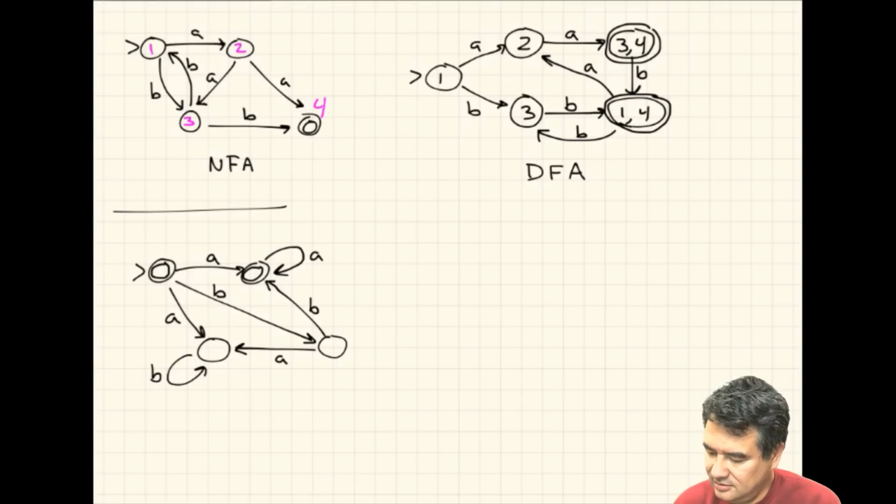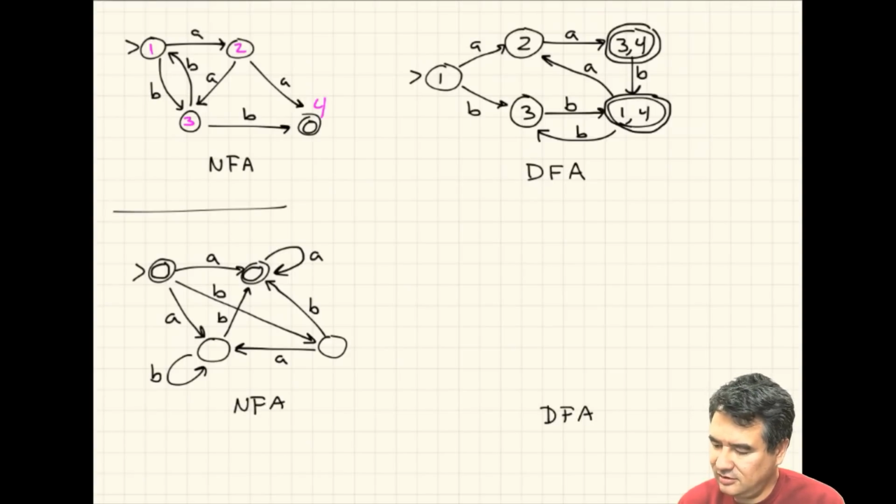Heck, I'll put in a B right there. There. All right. So we want to convert this to a DFA. We're going to follow the same procedure. Let's label them so we know what we're talking about. 1, 2, 3, and 4.